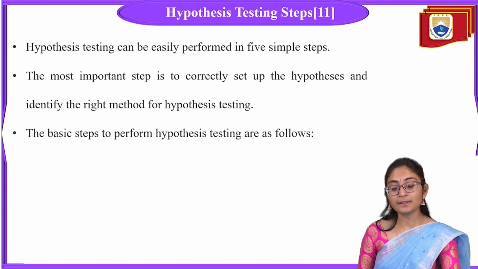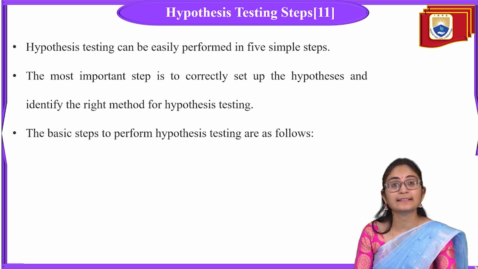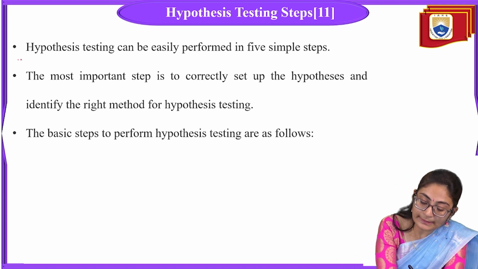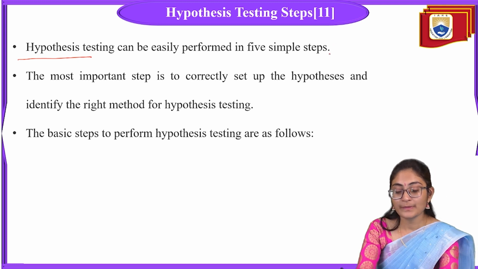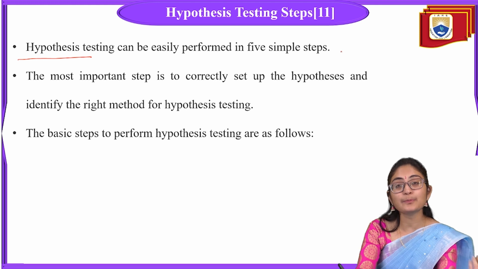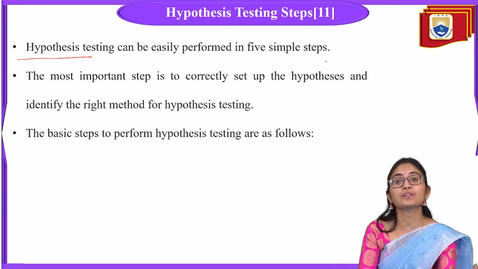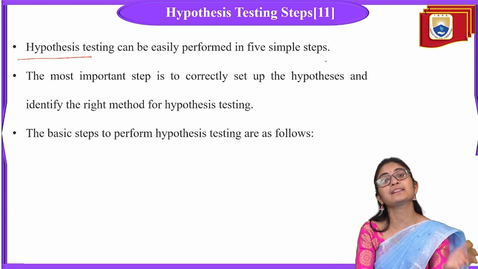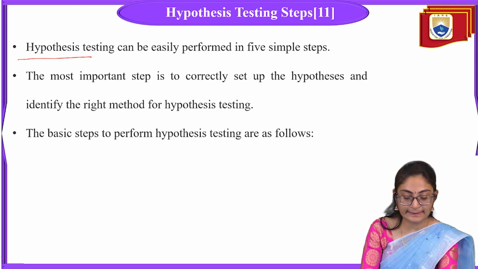Now we will see the steps of hypothesis testing. Hypothesis testing can be easily performed in 5 steps, and these steps are very important for identifying the right method for hypothesis testing.